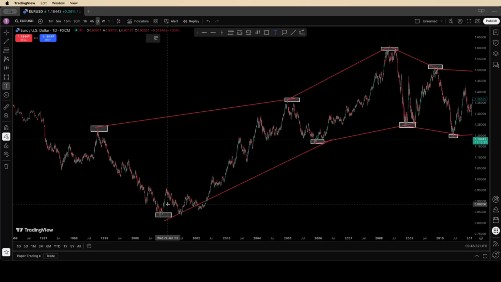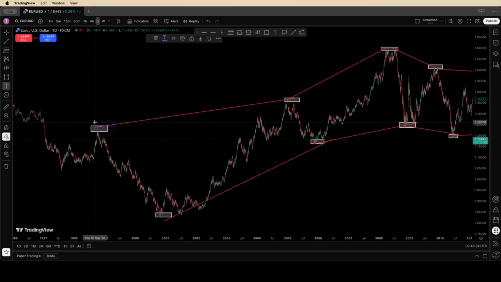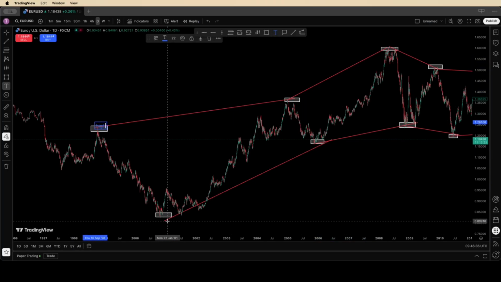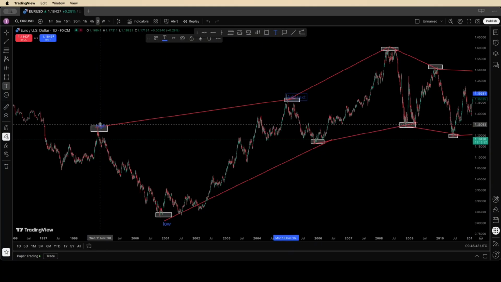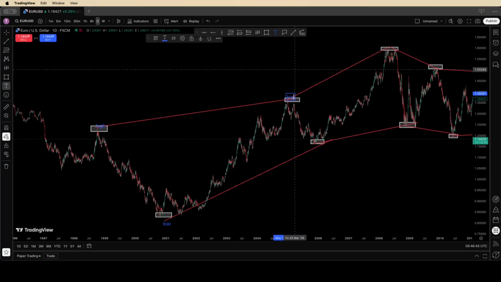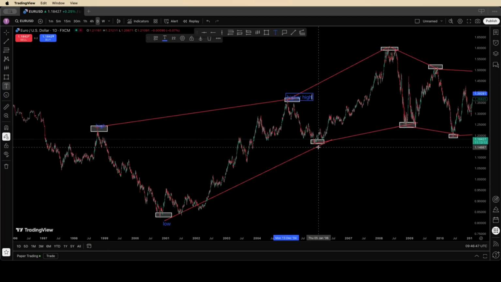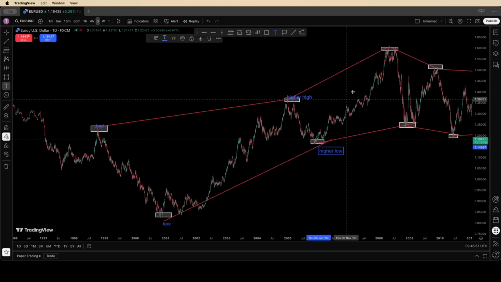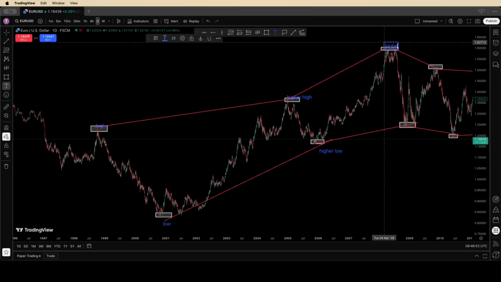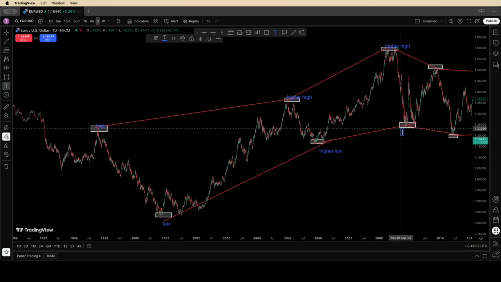So here, this is your high, this is your low, and this is your, what is this? It's higher high. So it's higher high, and then this is your higher low, and same thing, higher high and higher low.